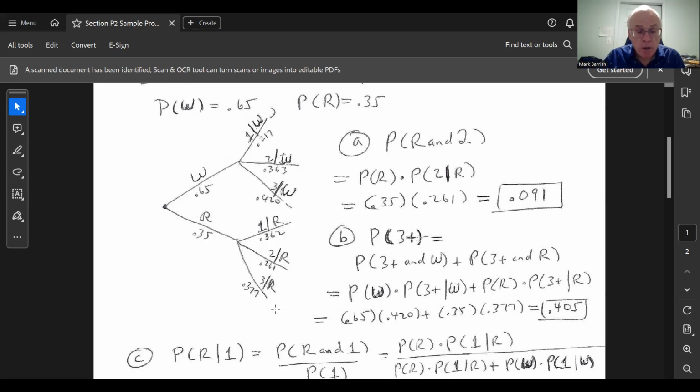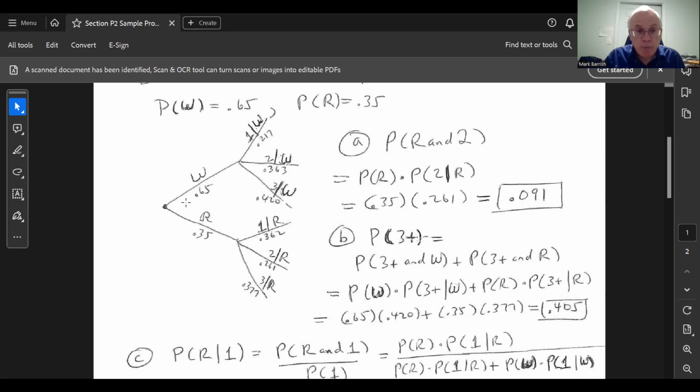And so forth, and get all of the 6 numbers out here. Those are the joint probabilities. And then you can simply pick out the answer, right? If it says what's the probability of R and 2, you just simply go R2, and then the number that's out here, the multiplication of those 2 numbers, is your answer.